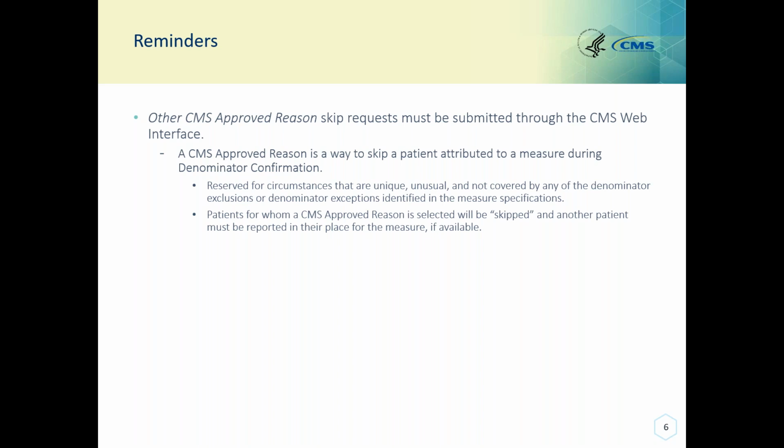The CMS approved reason is reserved for circumstances that are unique, unusual, and not covered by any of the denominator exclusions or denominator exceptions identified in the measure specification. Patients for whom a CMS-approved reason is selected will be skipped, and another patient must be reported in their place for the measure, if available. Next slide, please.